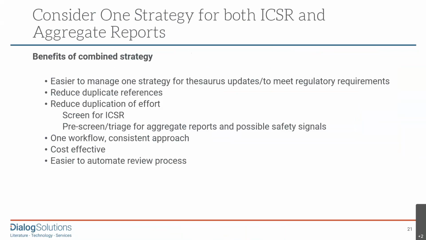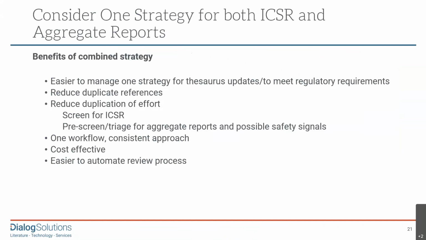Now, I've seen some companies use one strategy for both ICSR and aggregate reports, but I've equally seen companies that have two discrete workflows. So they have an ICSR workflow and an aggregate report workflow. Therefore, they have two separate search strategies. And in fact, I know of one organization that had this and then switched to one.